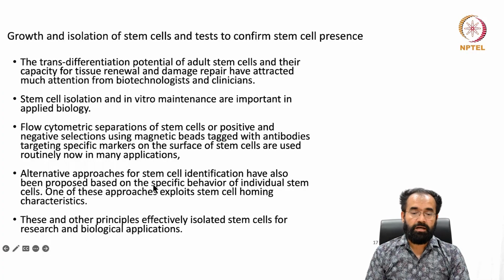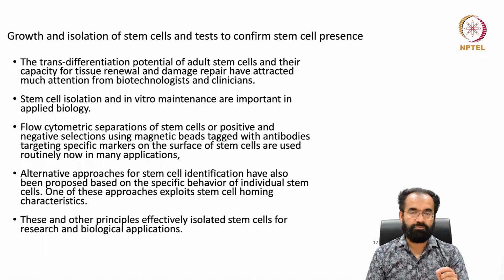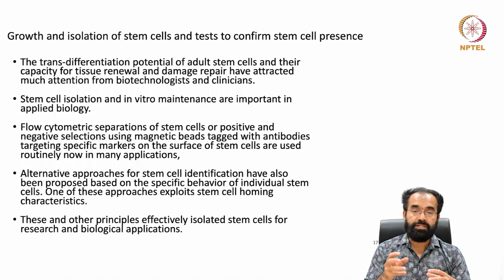Every stem cell has a unique set of markers, and to identify that stem cell from a group of cells, you should go after the markers unique to that particular cell.